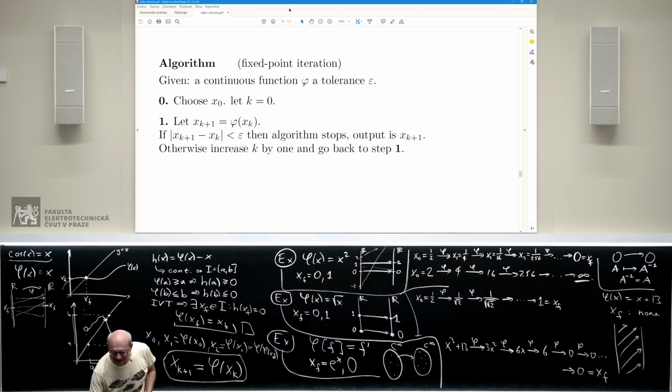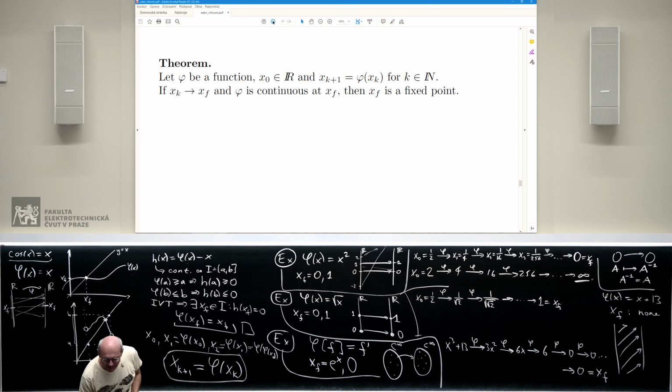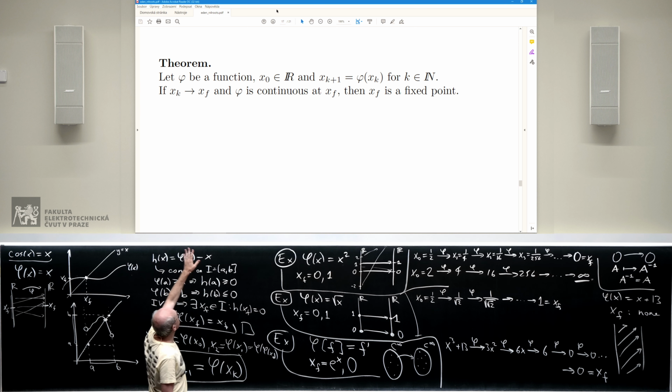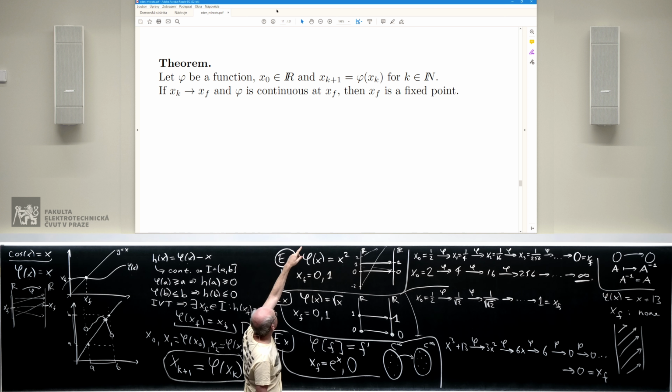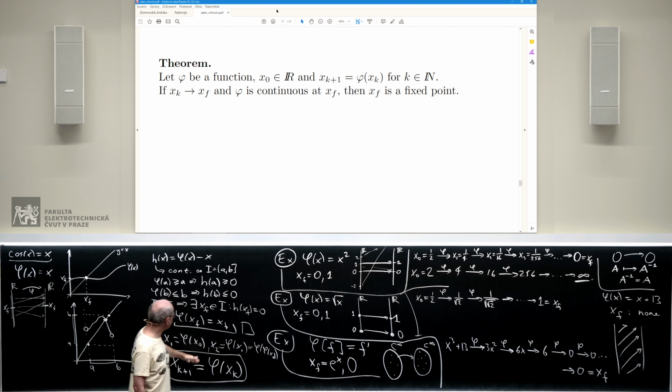So here comes another theorem. And this theorem says, if you have a function, this time it's a real function, we are talking with real numbers to get a nice theorem, and we are defining sequence x_k using the iteration that we have over here, using this formula.